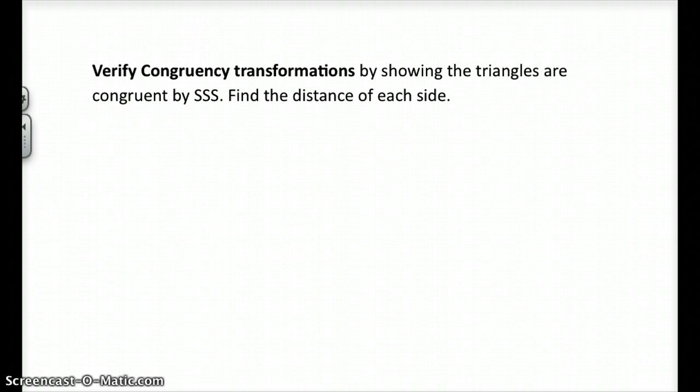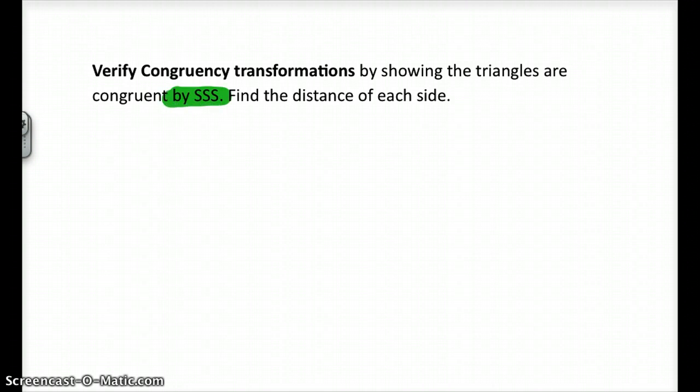All right, so in this section we're talking about congruency in this whole chapter, and so now we're going to verify congruency transformations. So my transformations are going to be the same size, so I want to prove that they're congruent. And so we've done this before, proving things that are congruent and using SSS.